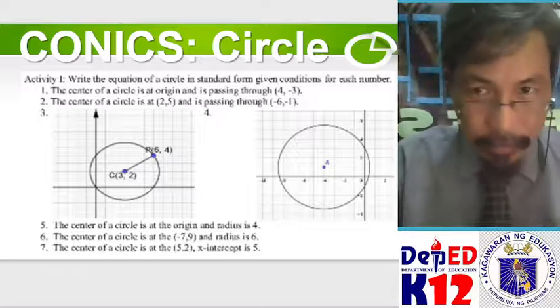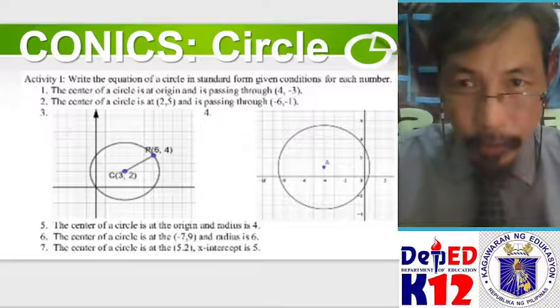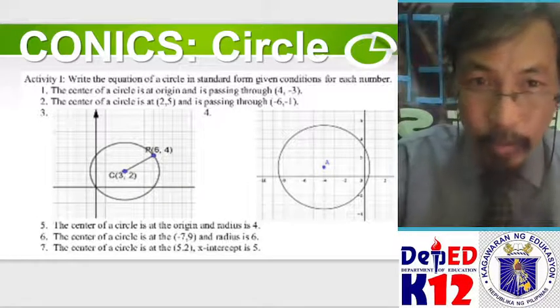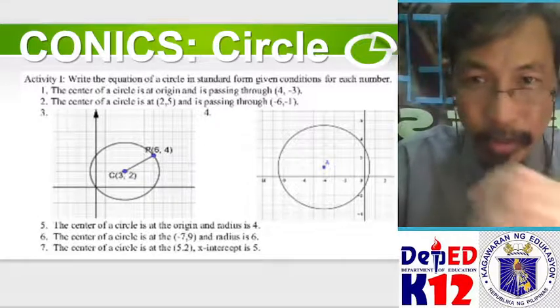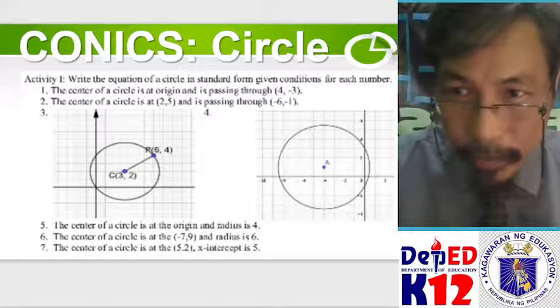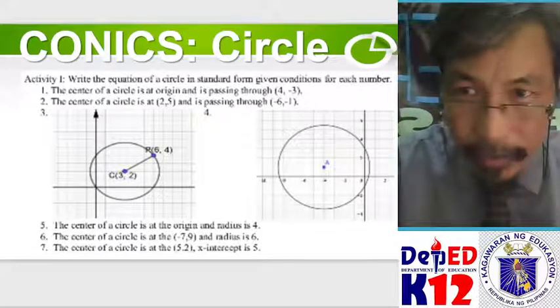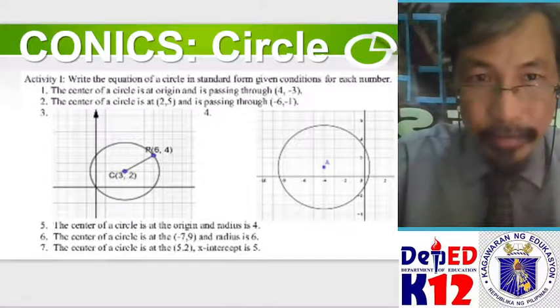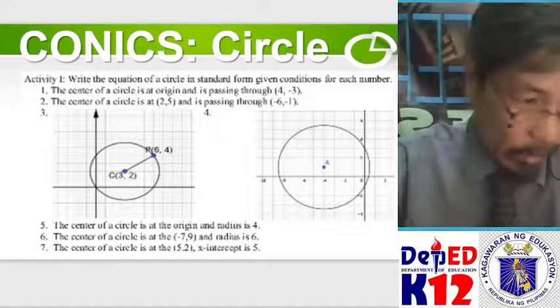Okay? So, if we are given at least 2 of these 3 information, we can solve the equation of the circle. So, in this case, we are given the center and the point P. So, that's okay. We can solve the equation.